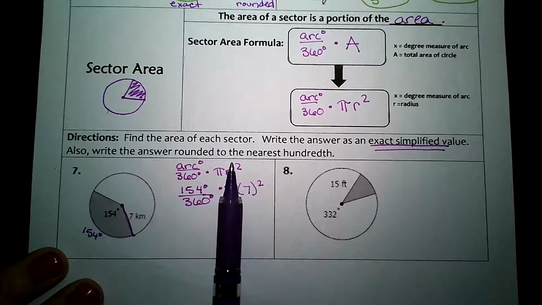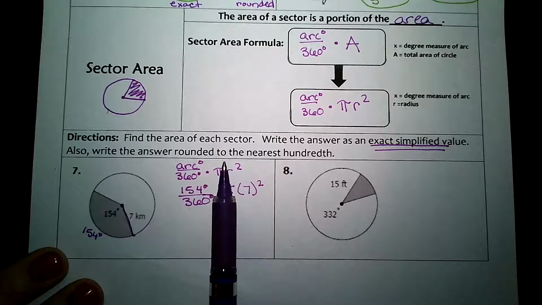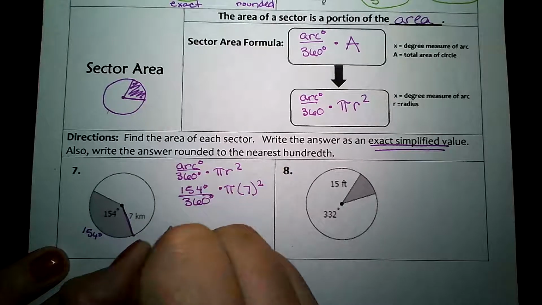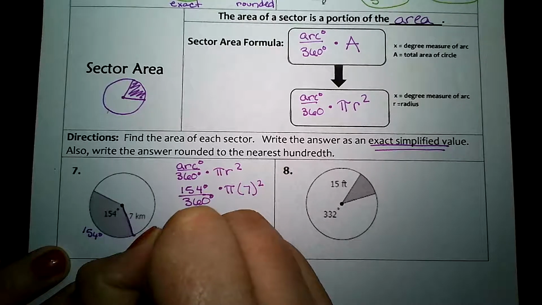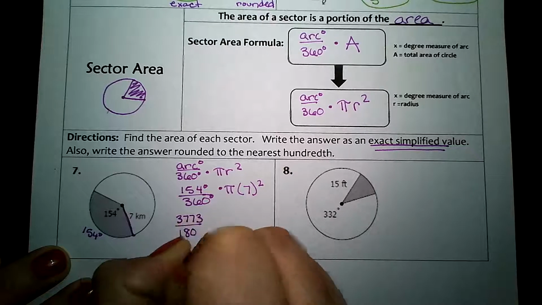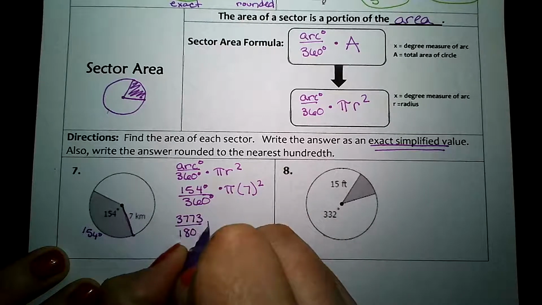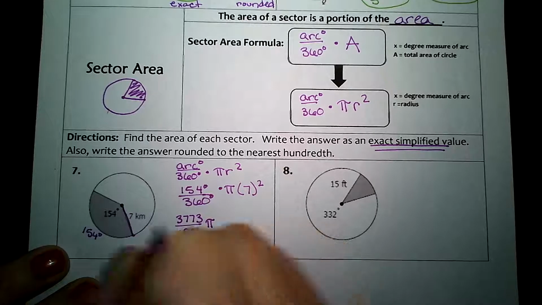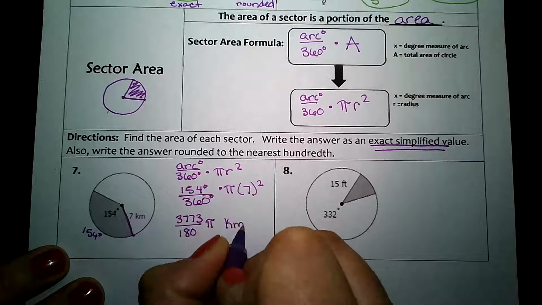So I'm going to type in 154 over 360 times 7 squared. What a nasty answer. 3,773 out of 180. And don't forget, we have not used pi yet. Now, when we're talking about area, we're talking about squared units. So this is in kilometers squared.